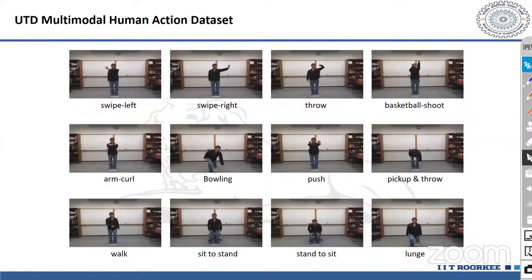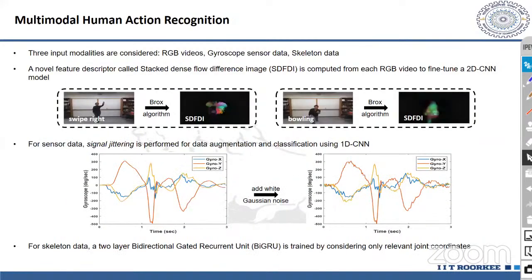So now assume that you have RGB video as the input. Also the sensor data, because the person is wearing something, which will also generate data. And we are computing the skeleton. You are familiar with the skeleton because I talked about it in classical machine learning itself.